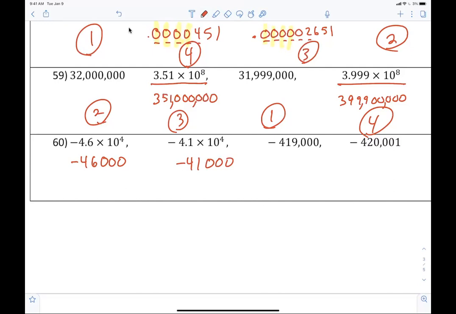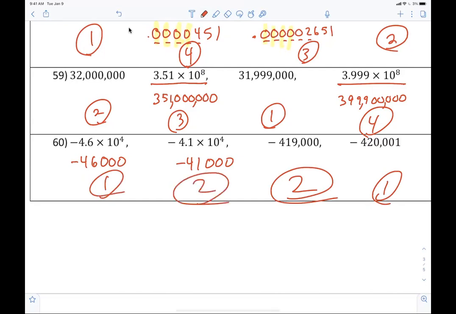The last one. Yes. Then what? The third one. Yes. Then the first one. Then the second. All right, guys. It's negatives. You got to be careful with the negatives, right?